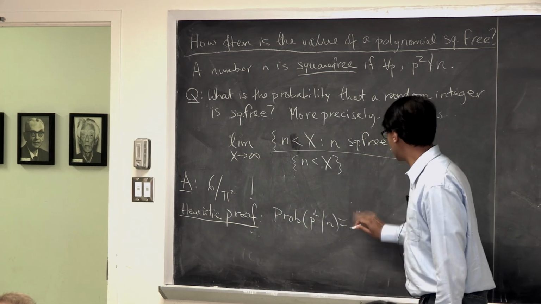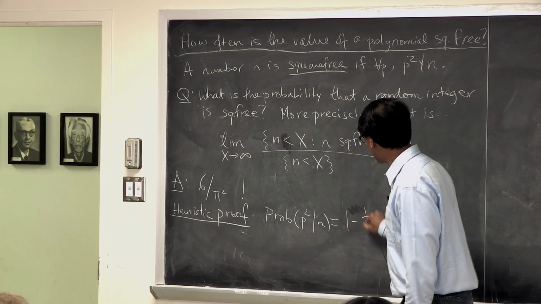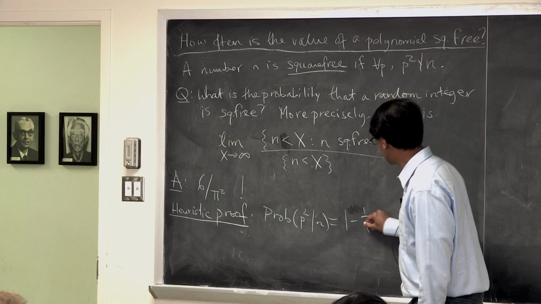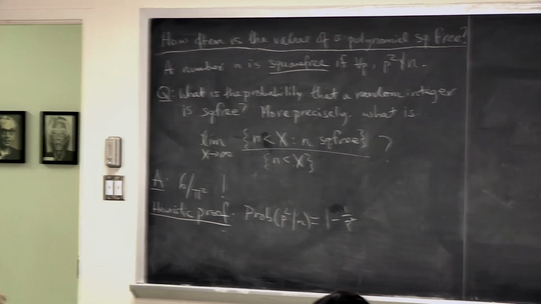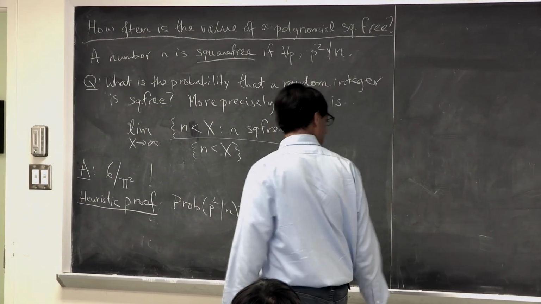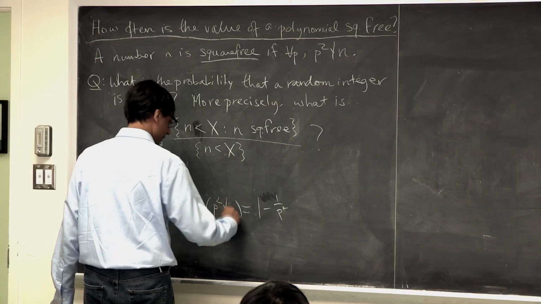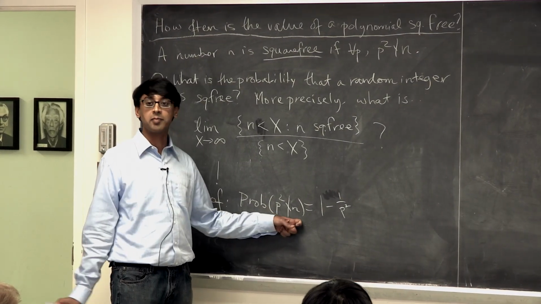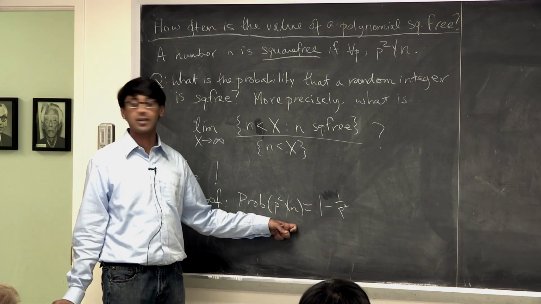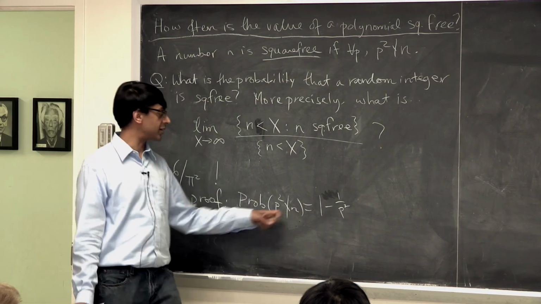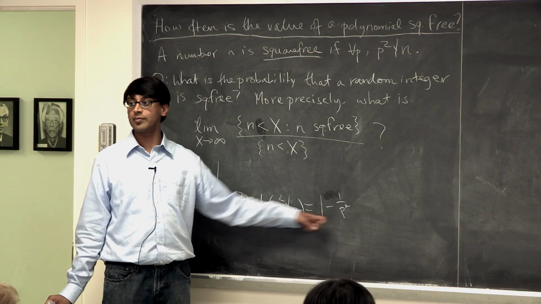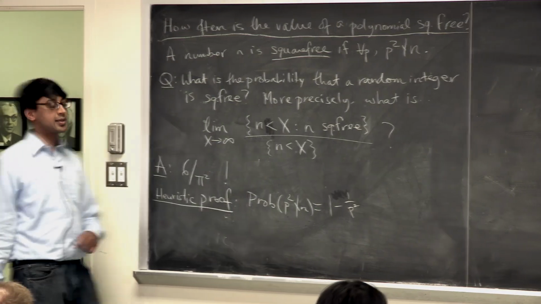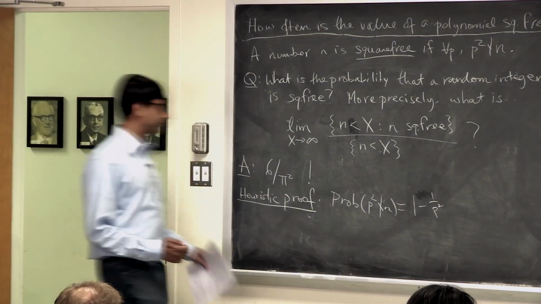So fix p, you pick a random number n, what's the probability that p squared doesn't divide n? Well, the probability that p squared does divide n should be about 1 over p squared. So 1 minus 1 over p squared gives you the probability that p squared doesn't divide n.